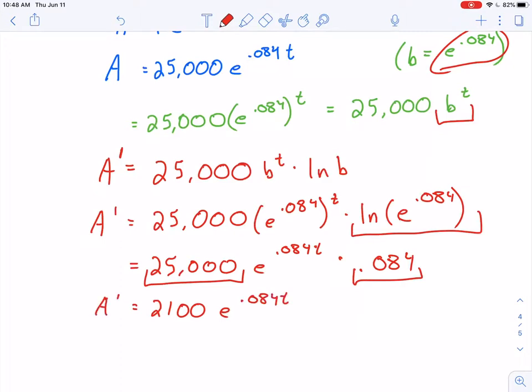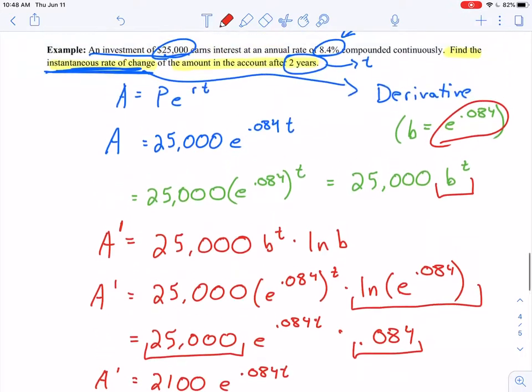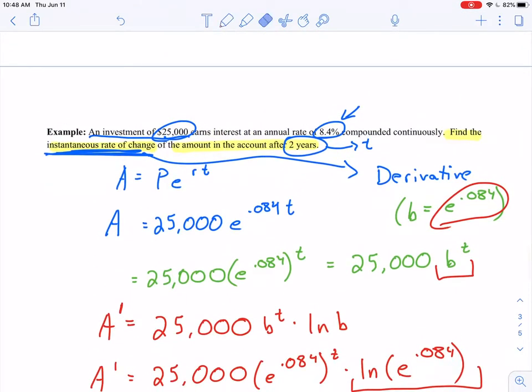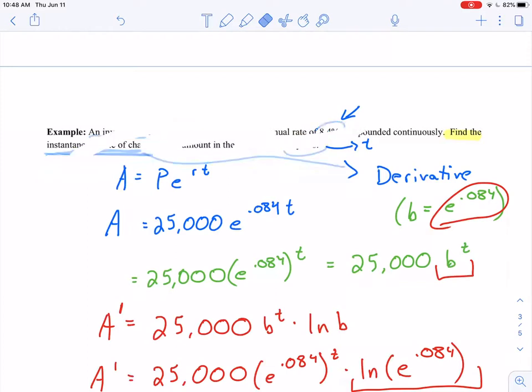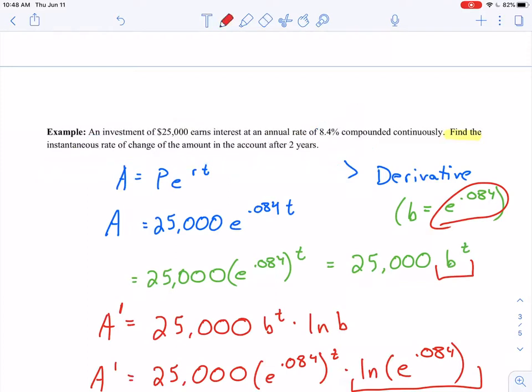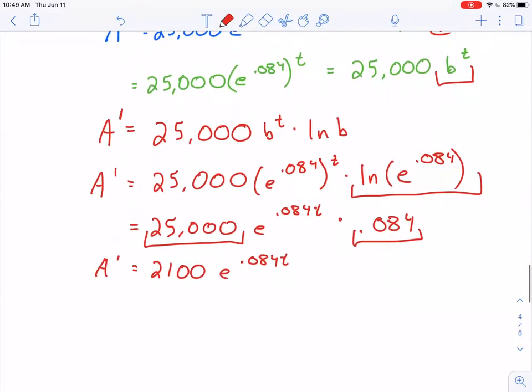Whew. Boy, I sure am glad we're done with that problem. Is what I'd say if we were done with the problem, but we're not. Because remember what we were trying to find. We wanted to find the amount in the account. We want to know the instantaneous rate of change of the amount in the account after 2 years. So I have one last step. I need to go to my derivative and plug 2 in for t.